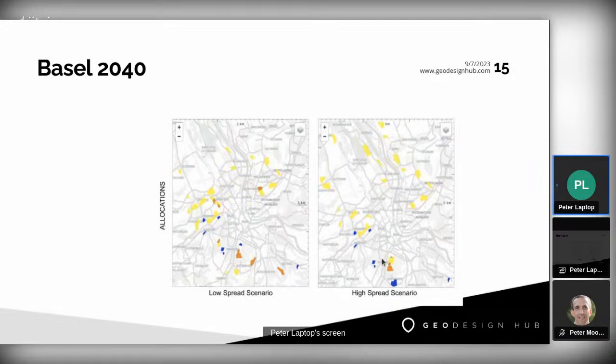So they organized these negotiation events to figure out where it will grow. They came up with a low spread scenario and a high spread scenario. The yellow is single family housing, and the darker colors are denser neighborhoods. If we allow more dense neighborhoods, then that would be the pattern.